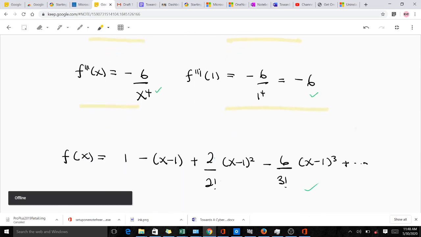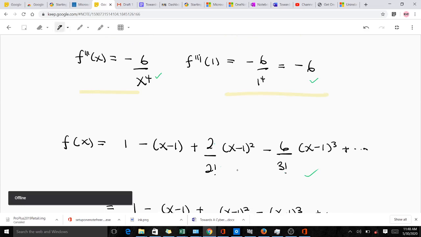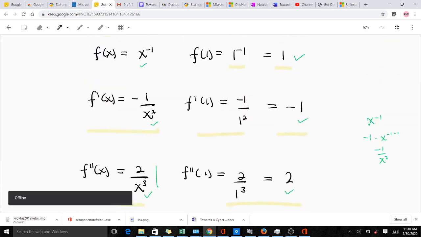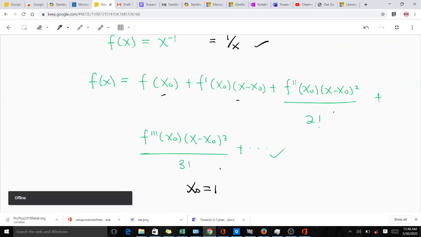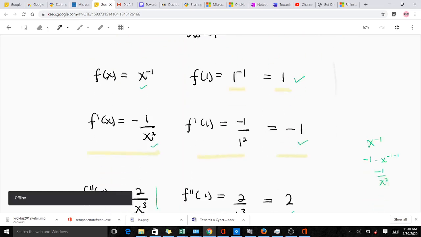Alright, so after doing everything, we have the values for f of x naught, f prime of x naught, this and that. So we can substitute that into this formula to get our expansion.